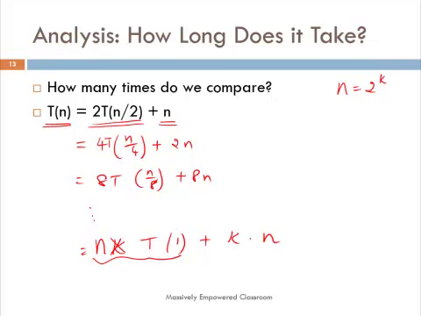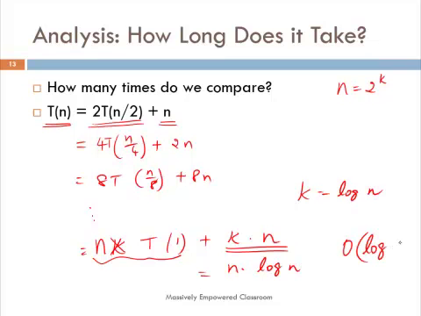This factor is smaller; this is the larger one. So k is nothing but log n. We have already done such analysis. So this will be n into log n, or we say merge sort's complexity is O(n log n).